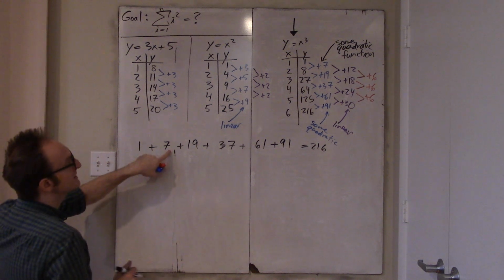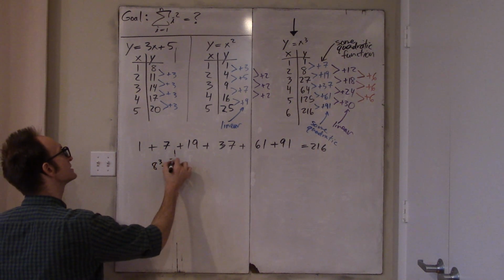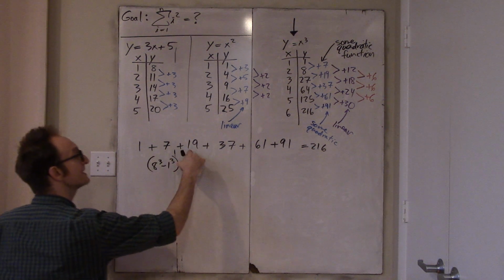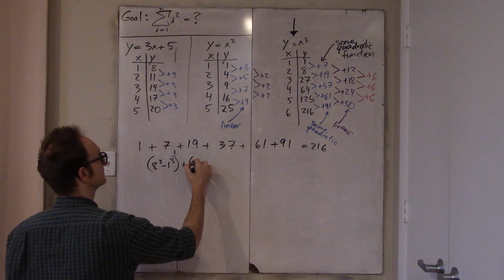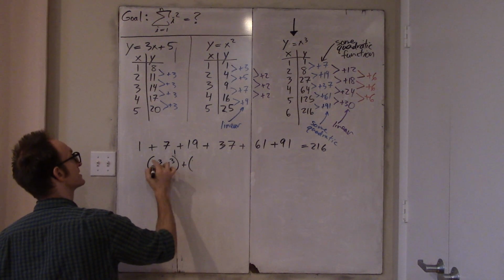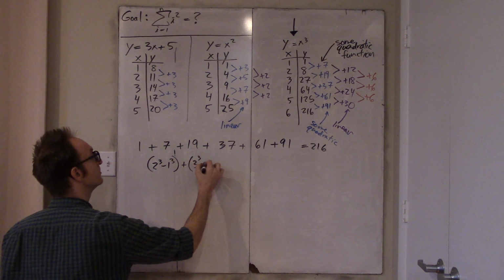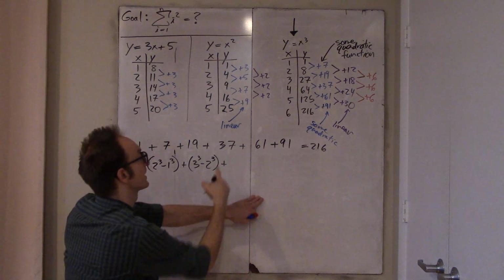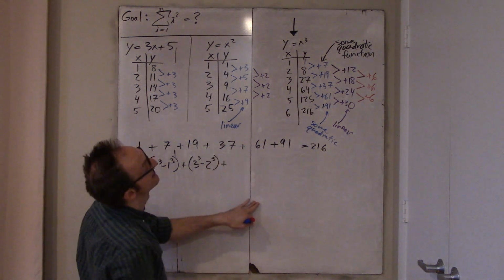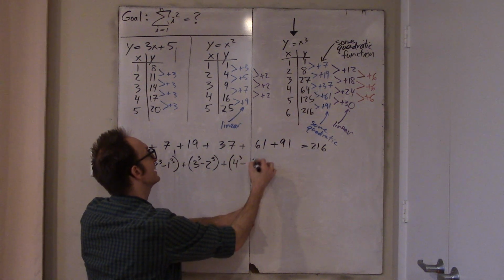To write this a little bit differently, what is 7? 7 is 2 cubed minus 1 cubed, so 8 minus 1. What is 19? 19 is 3 cubed minus 2 cubed. What is 37? 37 is 4 cubed minus 3 cubed.